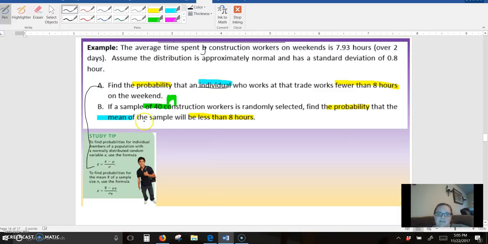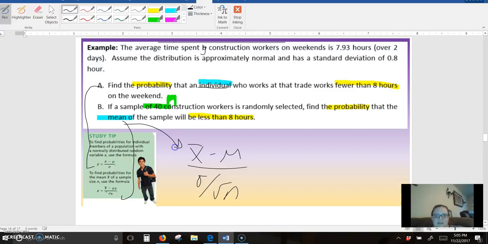And because this wants the mean of the sample, we're going to use our new formula. Remember, the new formula is x bar minus mu over standard deviation over square root n, and the old formula would be x minus mu over standard deviation.